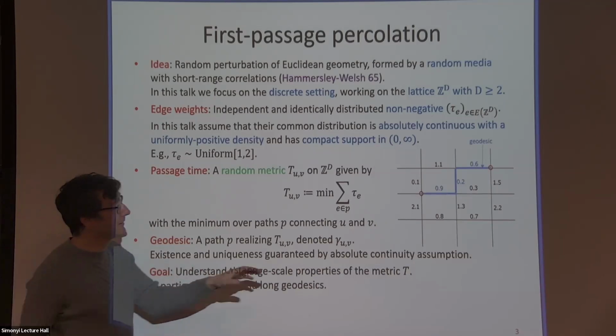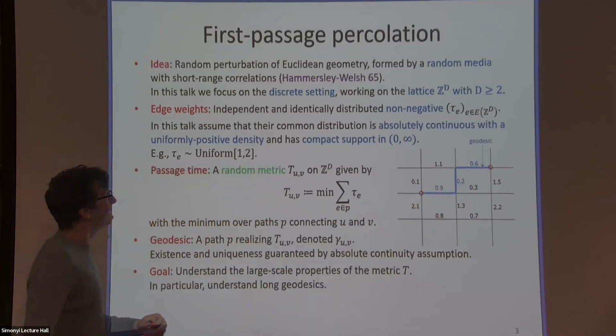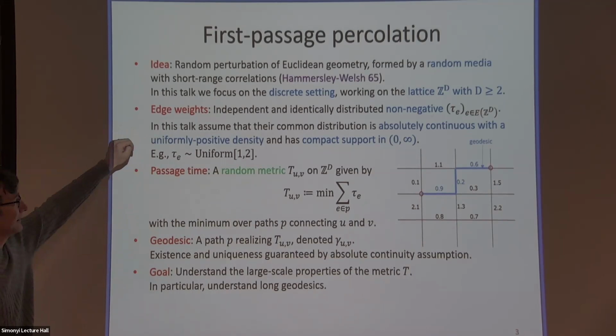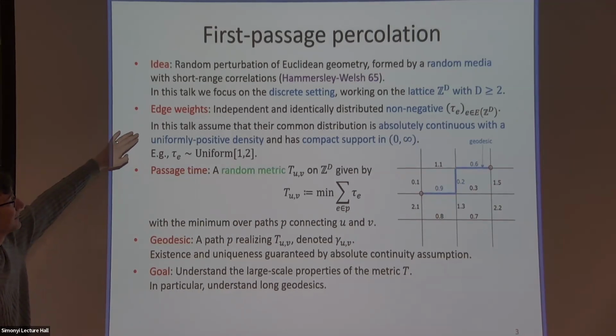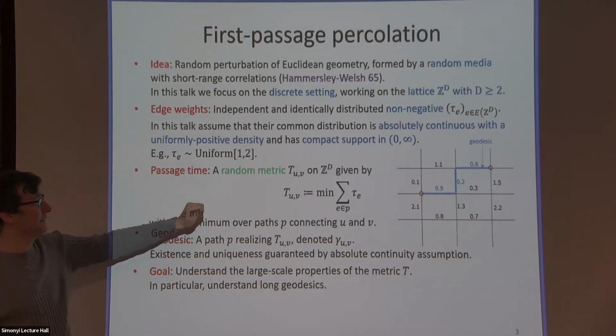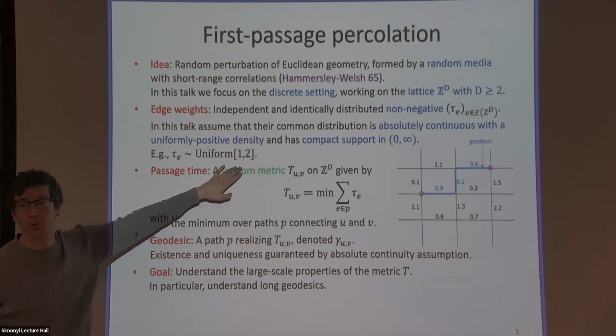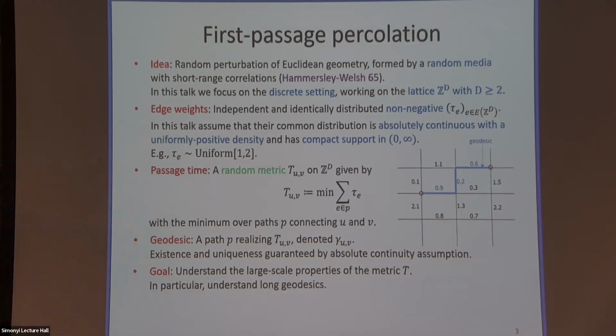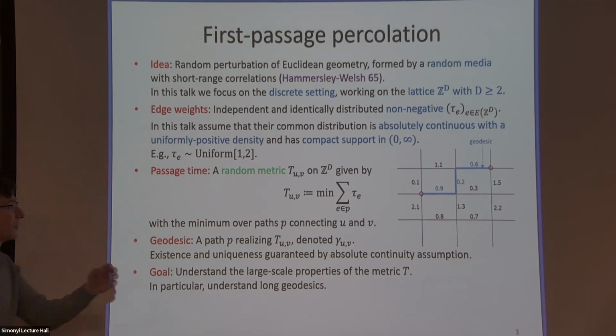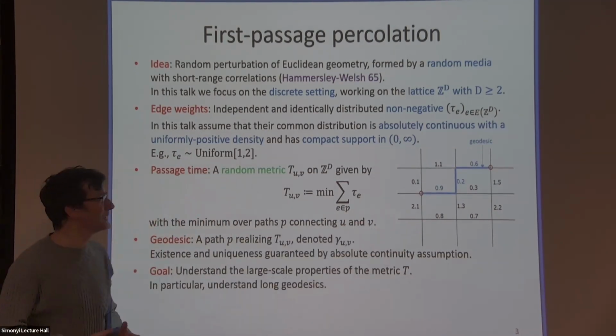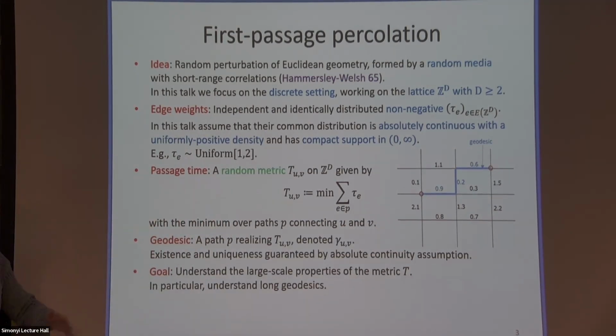In this talk, they will be IID and also supported on some compact interval. Say they are uniform on [1,2], so absolutely continuous, with positive density. The picture also has weights which are less than 1 or more than 2, but you could choose other weight distributions. And the passage time between 2 vertices.